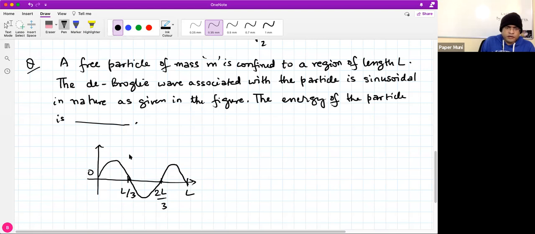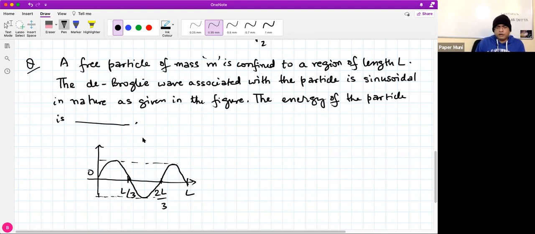Okay. Now the labels are the same. Forgive my drawing. The maxima are the same. So, a free particle of mass m is confined to a region of L. The de Broglie wave associated with the particle is sinusoidal in nature. All right. So this is the wave function they're talking about, the de Broglie wave, because the wave function represents the de Broglie wave. The energy of the particle is.